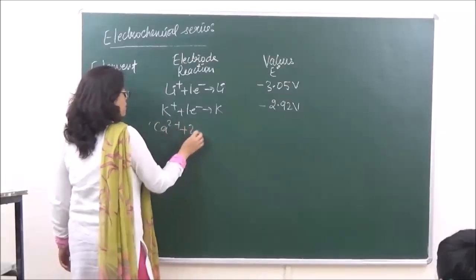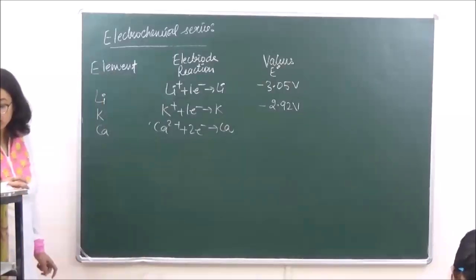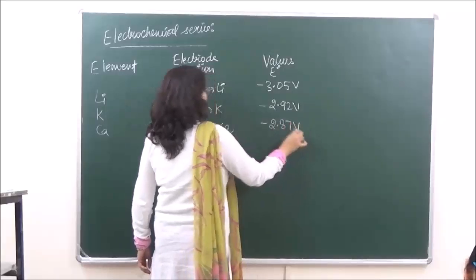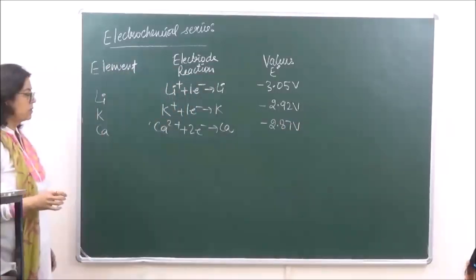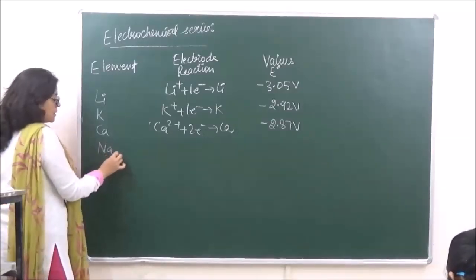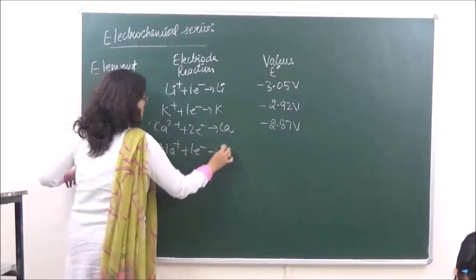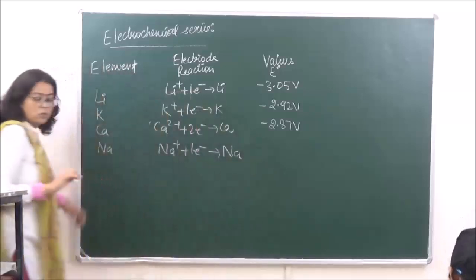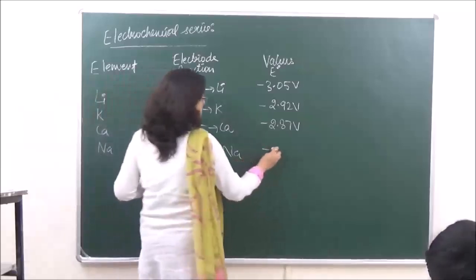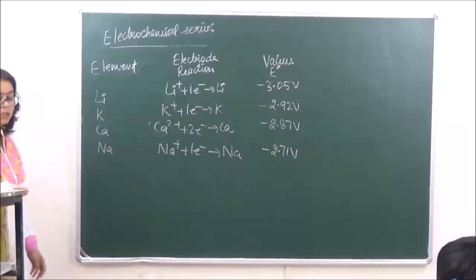Ca2+ plus 2 electrons to give us calcium, and the value is minus 2.87 volts. Then after calcium comes sodium, Na+ plus 1 electron to give us sodium, and the value is minus 2.71 volts.